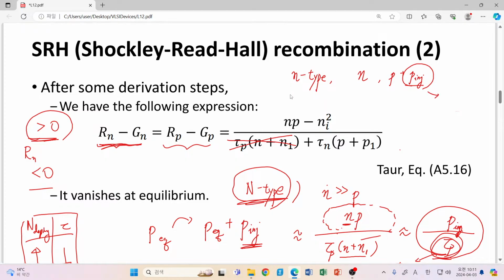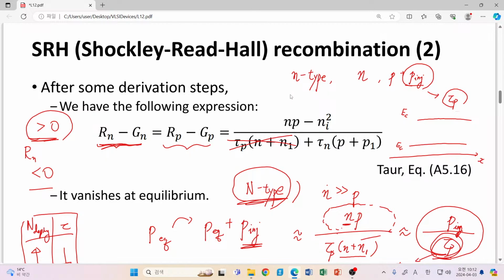That follows the time constant of tau sub p. So why it is following this tau sub p should be understood. So let's say that this is EC and EV, and here we have real space.